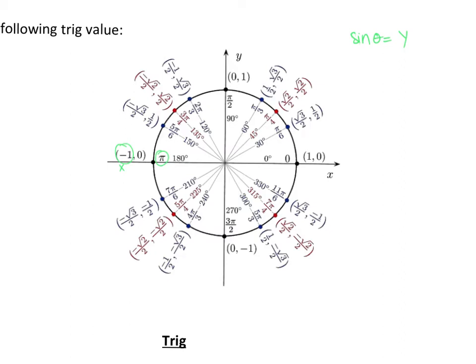So sine is 0 here at, well, actually angle 0. And sine is also 0 here at pi. And I don't think I see any other y values that are 0, so just 0 degrees or 0 radians and pi.